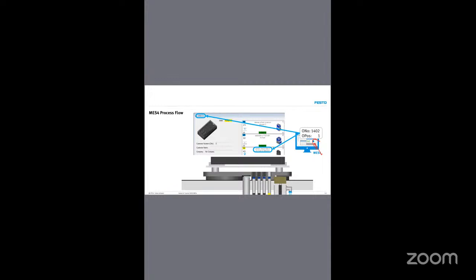So here the order number is 1402 and order position 1. So release cover. Step number 2 will be assemble PCB. Step number 3, camera check. Then 4, press unload. If the PLC is asking, MES will identify the next step from the database.